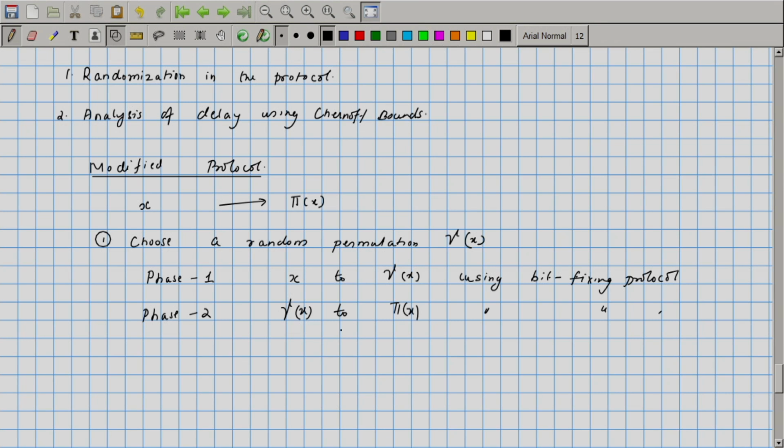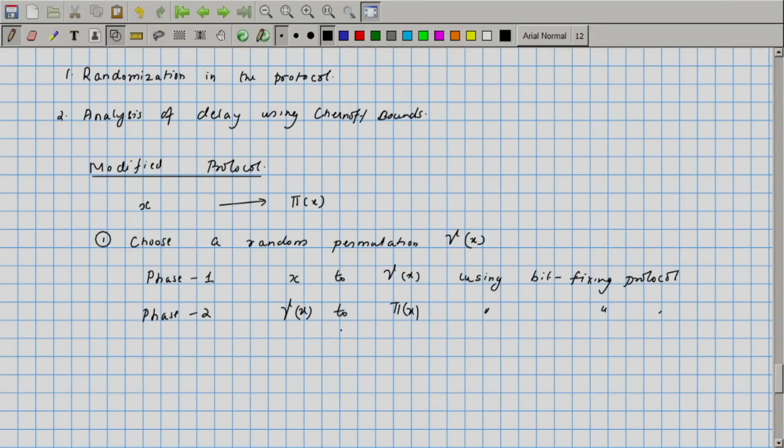Okay. Now, how does this help? When we analyzed the worst case running time of the bit fixing protocol, we said that there are particular input output combinations which could be fatal for it. But if we choose a random destination for each source, that particular permutation can probably be routed using the bit fixing protocol without incurring much penalty.